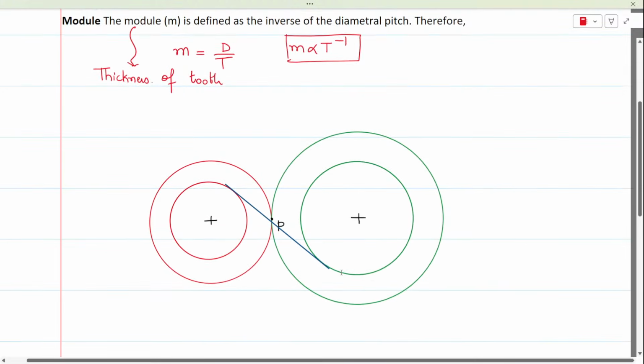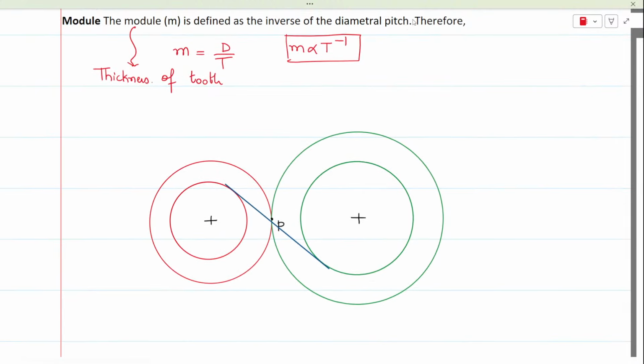Here you have to remember the logic of kabaddi. The teeth of the pinion will be in action with the teeth of the gear. They will be pushing each other along this line.